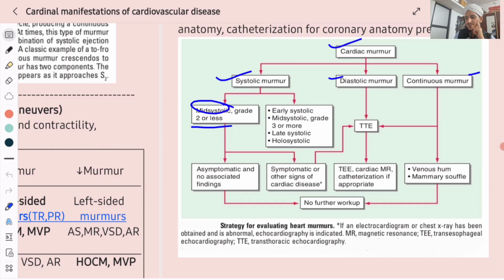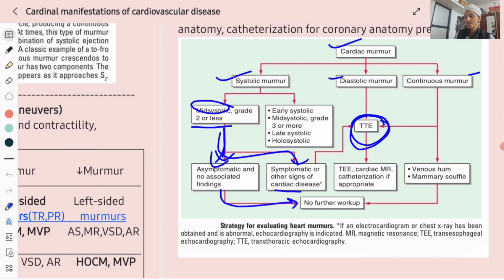If it is symptomatic, or there is an abnormal ECG or chest X-ray, then you do echocardiography. If it is asymptomatic and there are no signs of cardiac disease in the ECG and X-ray, you will not do further workup. You will discharge the patient and say it is an innocent murmur.